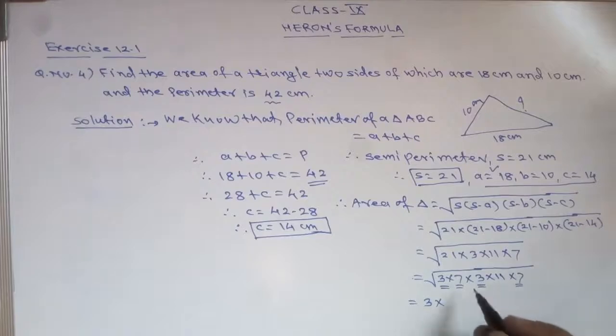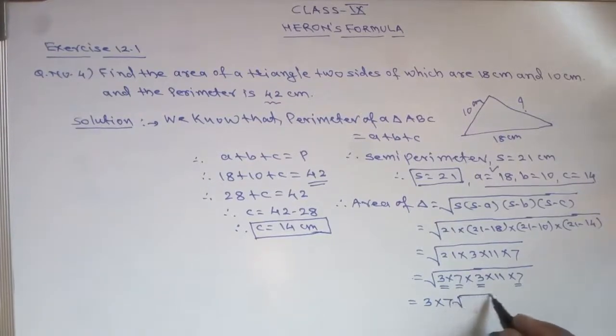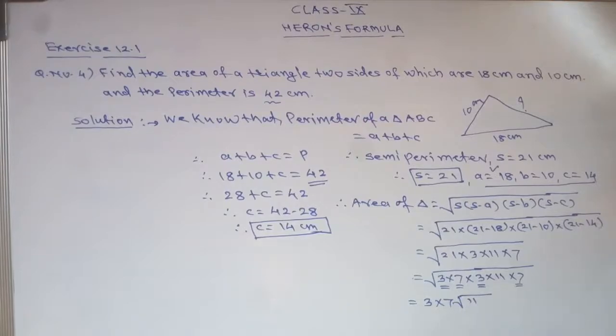Square root of 49 is 7. So I can take 7 outside this square root. So we will remain with under root 11. So that is equal to 21 root 11 centimeter square, because it is the area. Therefore, area of triangle equals 21 root 11 centimeter square.